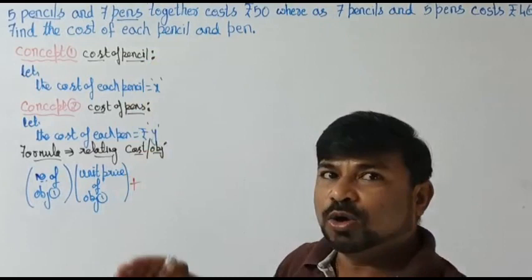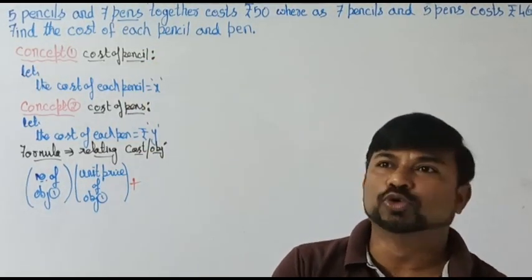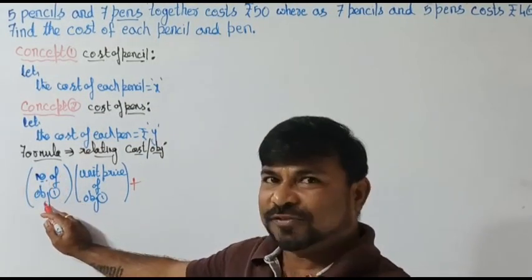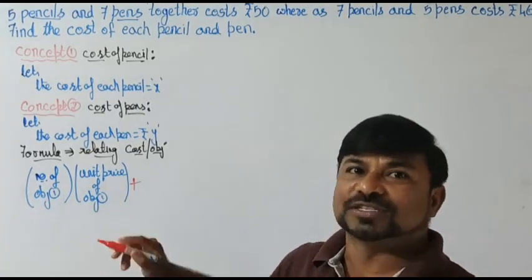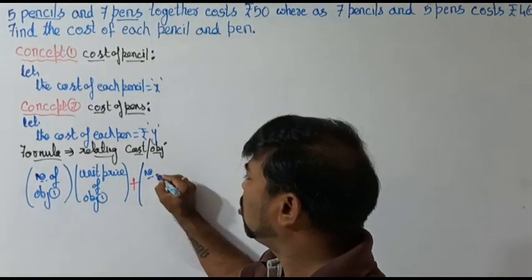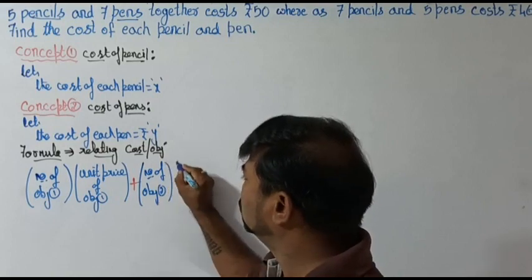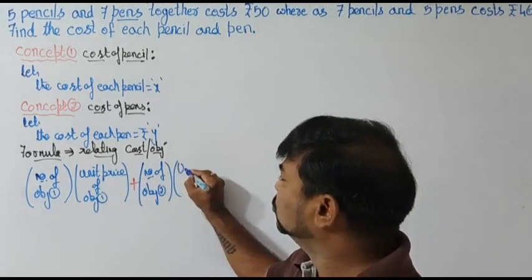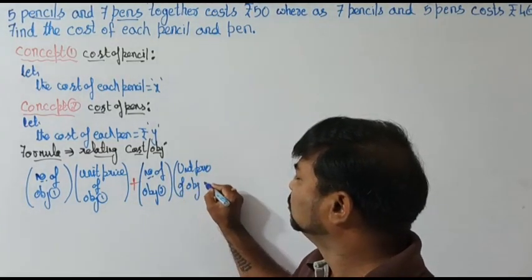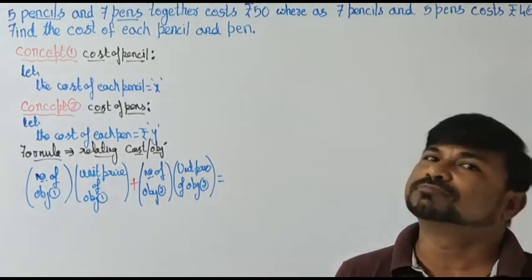Here, how many objects do we have? We have 2 objects. The formula I am dealing with may be for 2 objects, 3 objects, 1 object, as many. So number of first object into unit price of first object, plus number of object 2 into unit price of object 2, equals, and you can deal with as many items as you have.